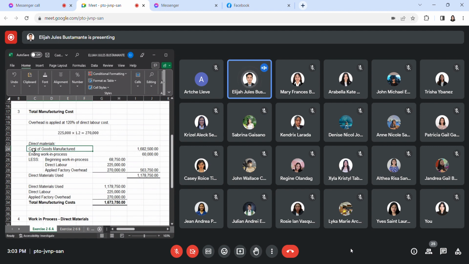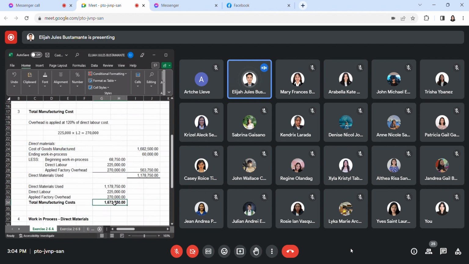So cost of goods manufactured is 1,682,500 plus the ending work in process na 60,000. Then we subtracted the beginning work in process, which is 68,750, direct labor 225,000, and applied overhead na 270,000, which in the end, the direct materials used totaled to 1,178,750. Pero dili pa ni siya mao ang atong gipangita for number 3.